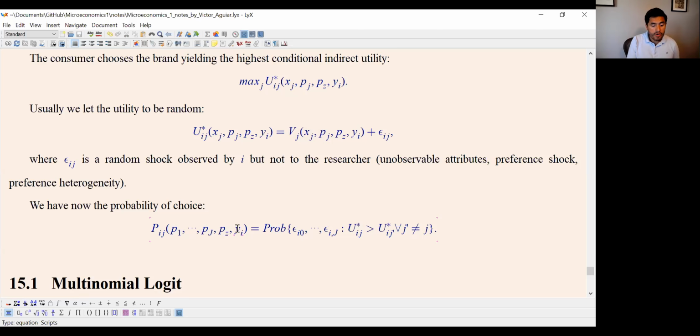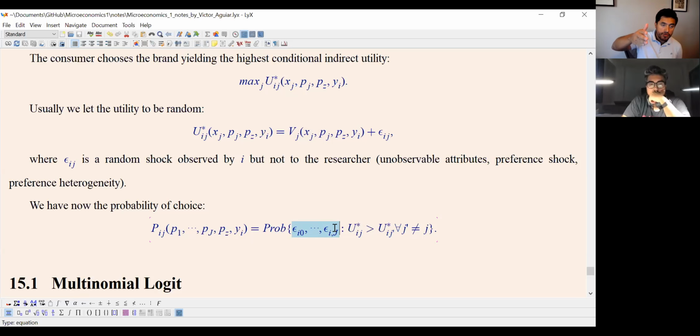This probability is going to be the probability of all shocks from epsilon 0, the outside option, to epsilon J, such that the random utility of J is strictly greater than the random utility of J prime for all other alternatives. So when you realize the random utility is higher for Barakat than for the pizza and for the subway, then you're going to pick that particular good. But I can now only predict a probability, right? So this is the part that matches with the psychohistory thing, right?